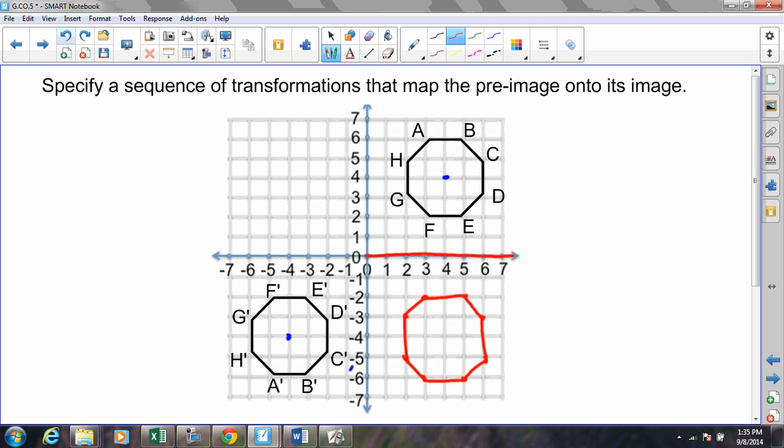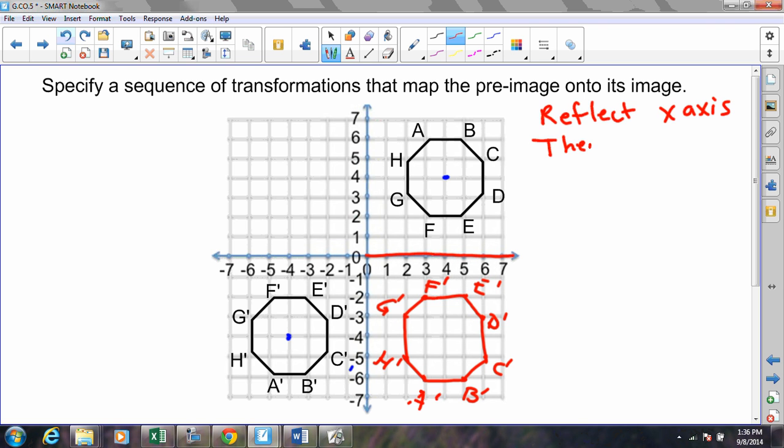So when we reflect it, that gives us A prime, B prime, C prime, D prime, E prime, and you'll note the order of the points matches. So this is one correct start. We could do a reflection across the x-axis.